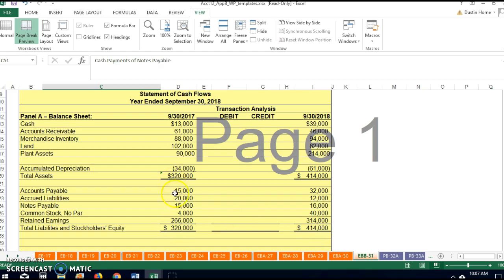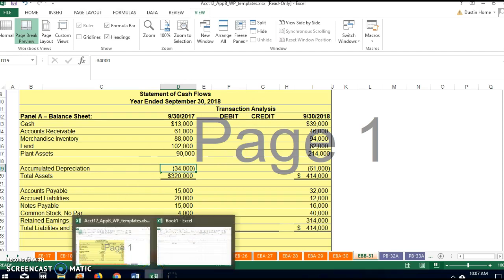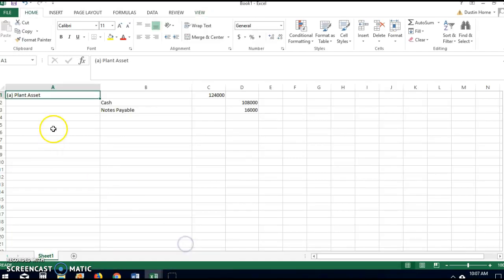These did not equal at first, and I figured out my mistake. I'd put 30,000 here instead of 34,000, so that threw that off. So look, for journal entry A, we debited plant asset and credited cash and notes payable. All right, so that was journal entry A.